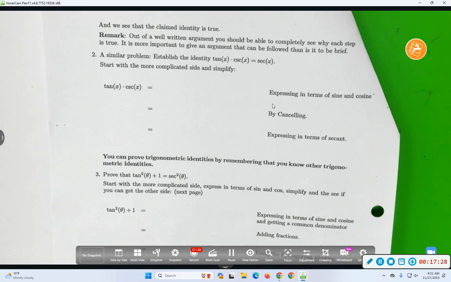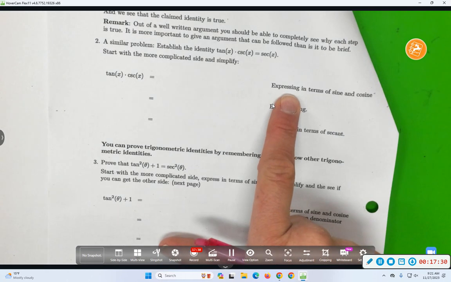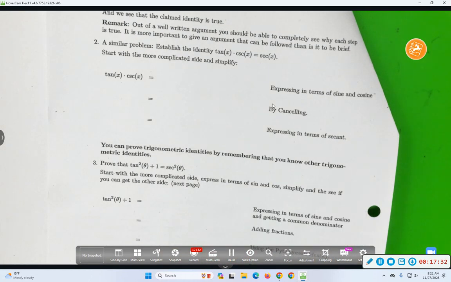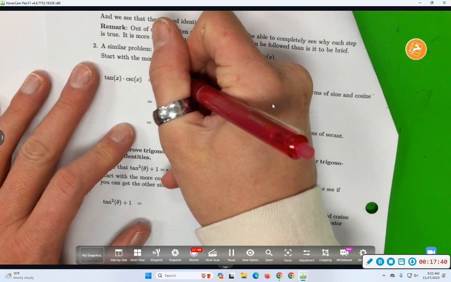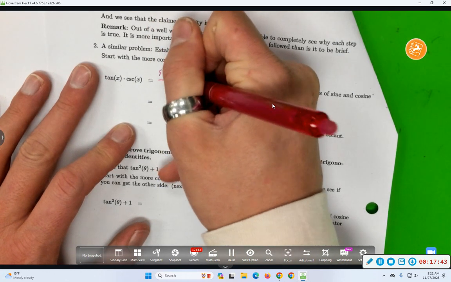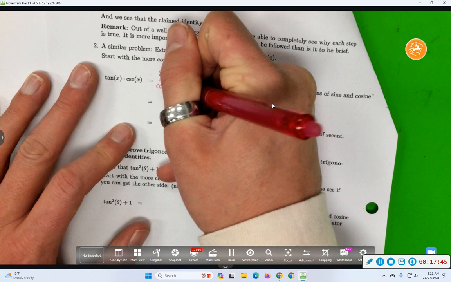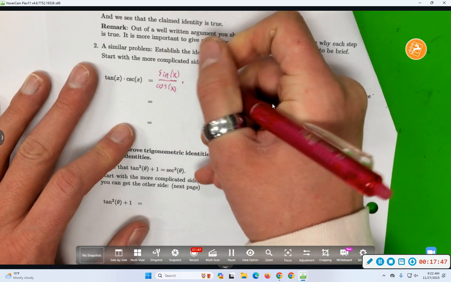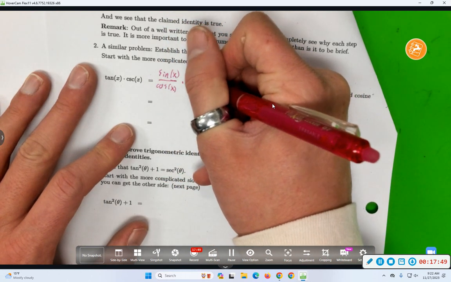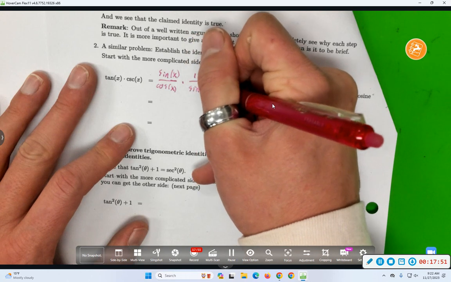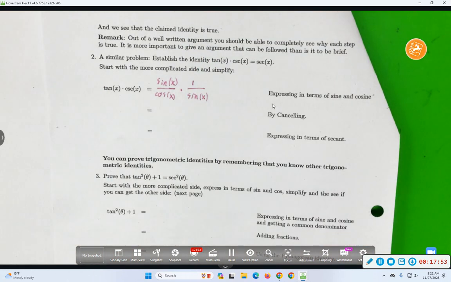Cool. So let us, as the suggested step says, express everything in terms of sine and cosine. What's tangent in terms of sine and cosine? Sine over cosine. And the of x is important in what's being written. What's cosecant? 1 over sine of x.